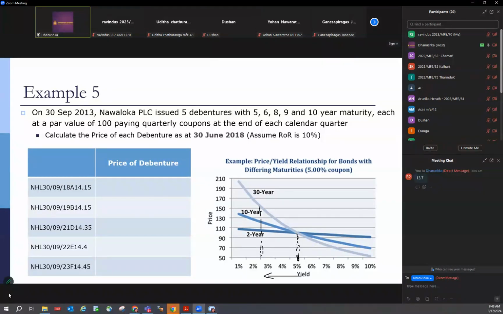Short-term bond price goes up by this much. But long-term bond price goes up by this much. Okay.